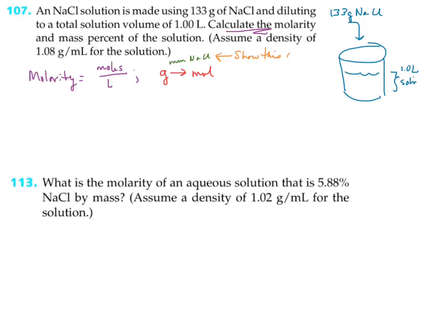The target for molarity is moles per liter. I would take the grams that you're given divided by the volume. The volume's already 1.00 liters, so that's kind of nice. Plug in the molar mass to get it to moles per liter. So you should be fine there.